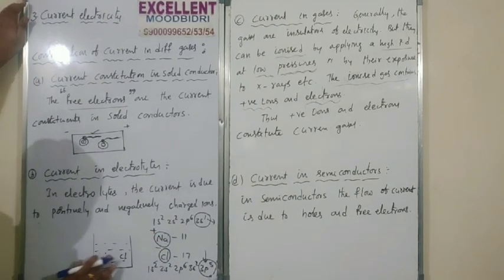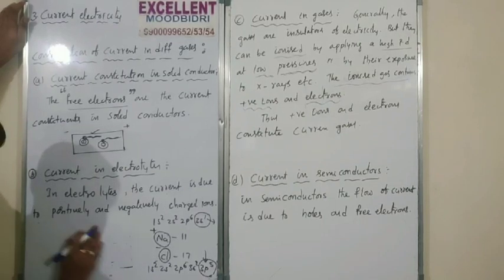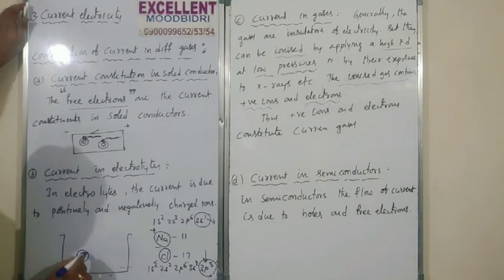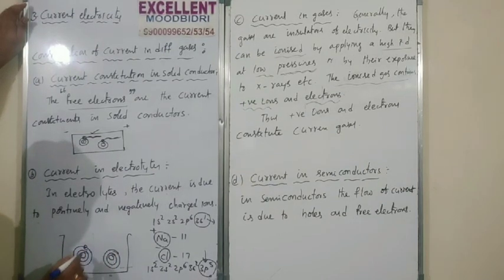For example, here we have a beaker with NaCl. This is the electron configuration. In the outermost shell one electron will be there.